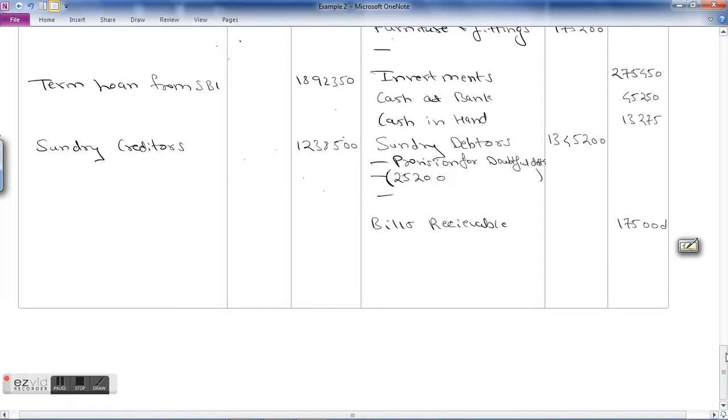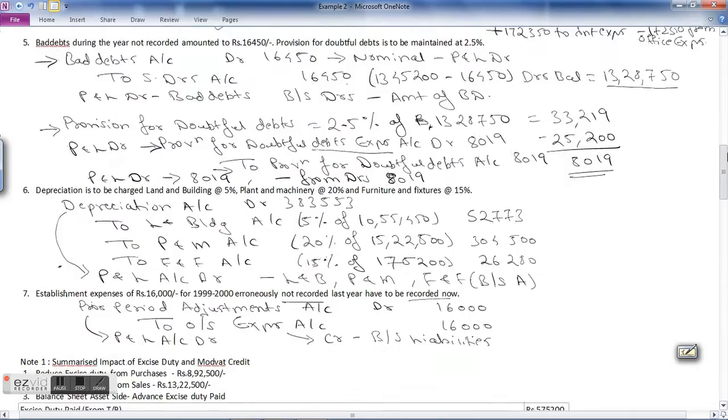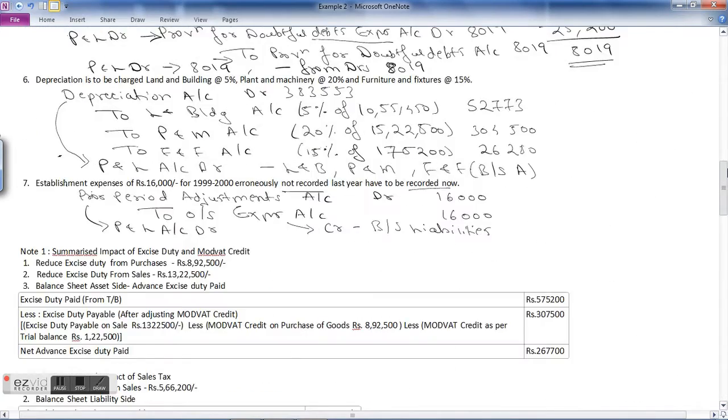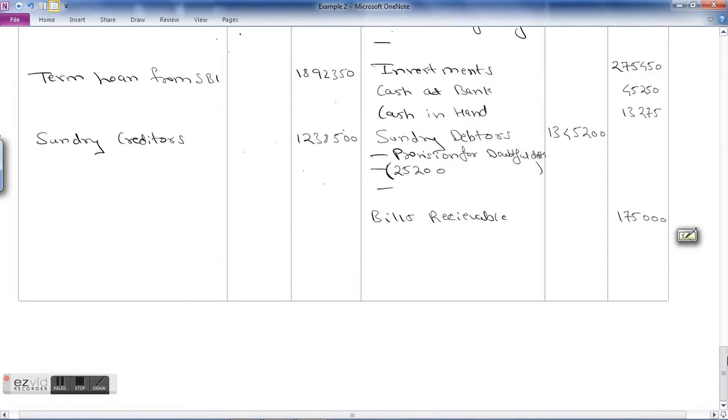And how much is bills payable? Let's see. Bills payable 85,500. So balance sheet liabilities there. After sundry creditors, bills payable 85,500.